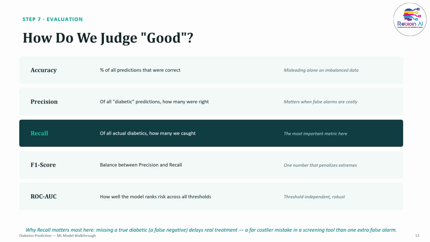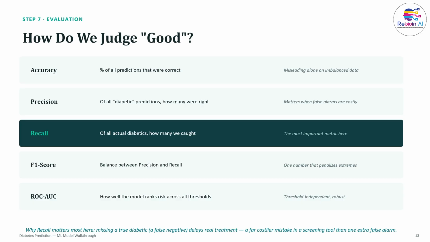Now I want to highlight recall specifically, because in a healthcare screening context, missing a true diabetic, that is a false negative, delays real treatment. That's a far more costly mistake than one extra false alarm. So recall gets the most weight in how we judge these models.